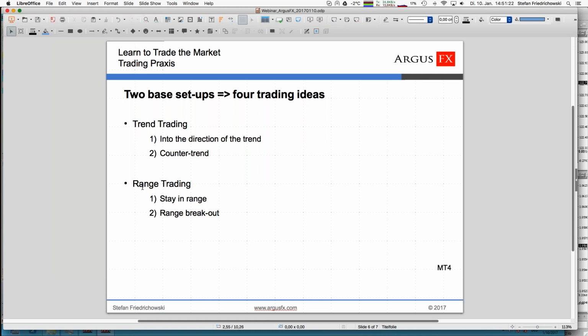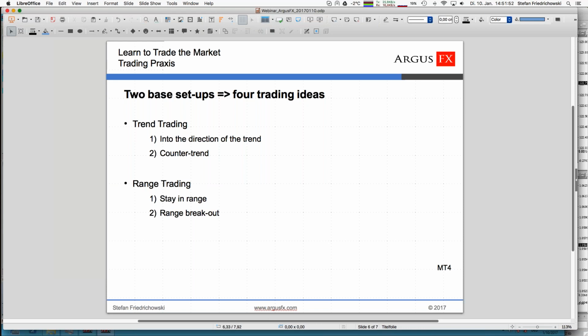Within the trend trading, we can trade into the direction of the trend. That means we assume the trend will last, will go further. So if something goes up, it will continue going up. Or if something goes south, it might continue to go south. So that's the easiest way of finding a trade.